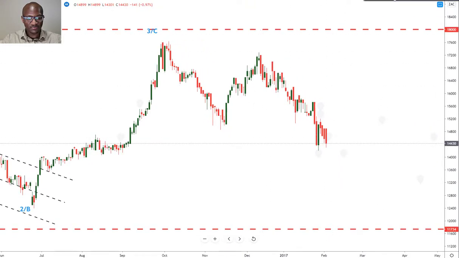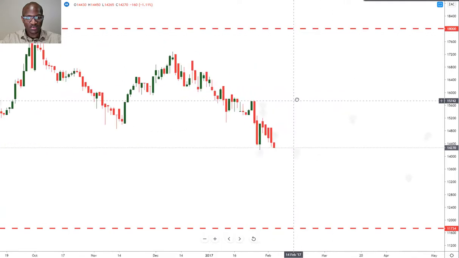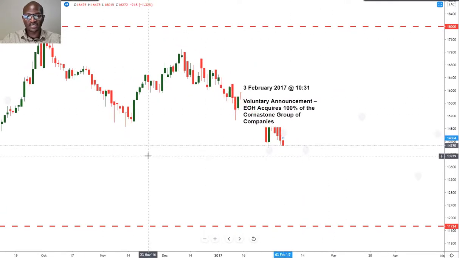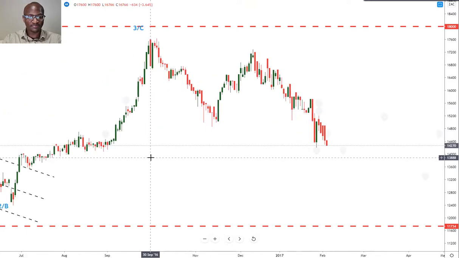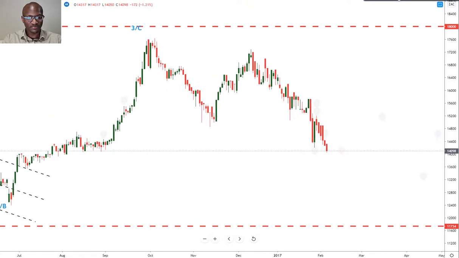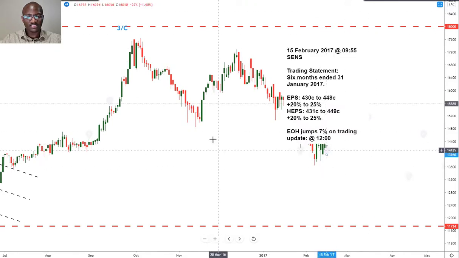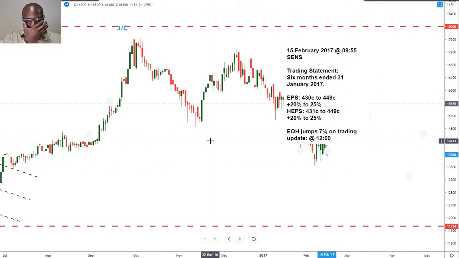So as the market resumes, on the 3rd of February 2017, more acquisitions. EOH acquires 100% of Cornerstone Group of companies. And on this day, 15th of February 2017, SENS trading statement, 6 months ending January 2017.